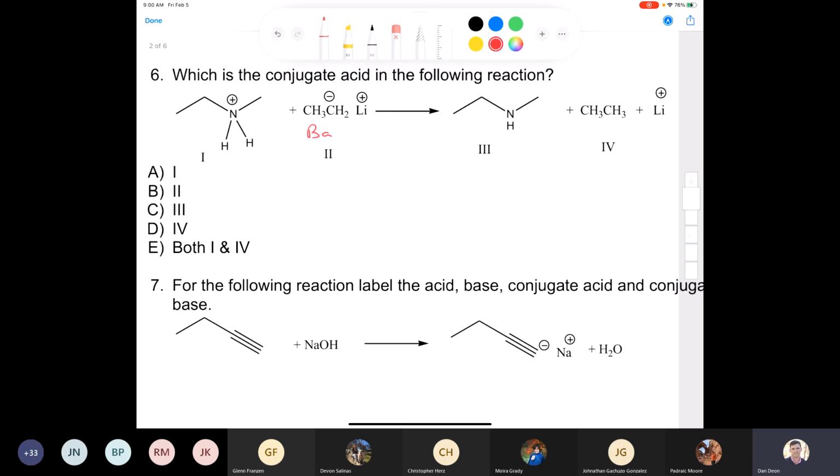So this must be our base. We're donating a proton, one of these protons. So this is our acid. This is our conjugate base, and this is our conjugate acid, like that. And so we want to label the conjugate acid, and so that's number 4.